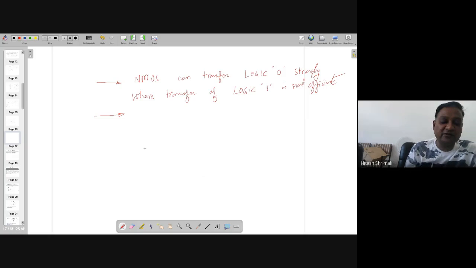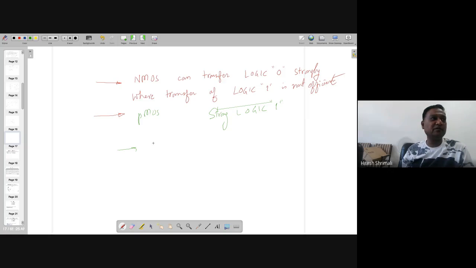Same thing, you can write it down here with the PMOS, where PMOS can transfer logic 1, or I can say strong logic 1, and logic 0 is very poor.